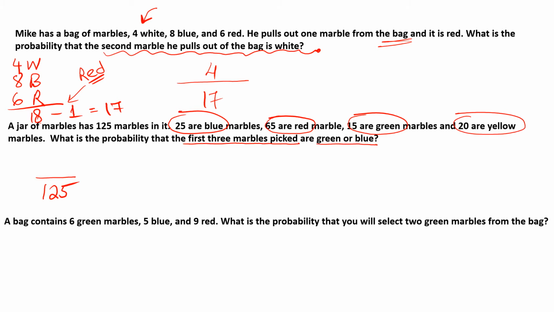So understand that whenever "or" comes, we use a plus sign. So how many greens are there? That is 15. And "or" means plus, and blue is 25. So the answer will be 40 over 125, and then solve it and get the final answer.